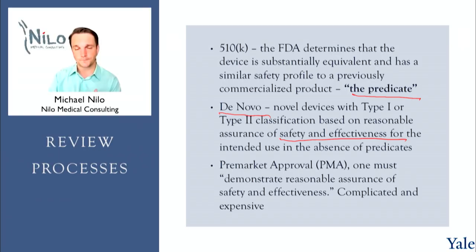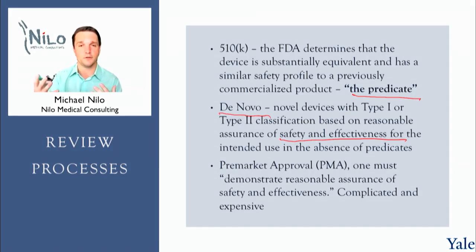So the De Novo process is for a class 2 risk product where there isn't a predicate out there. So let's say we'll use the imaging I just used as an example.